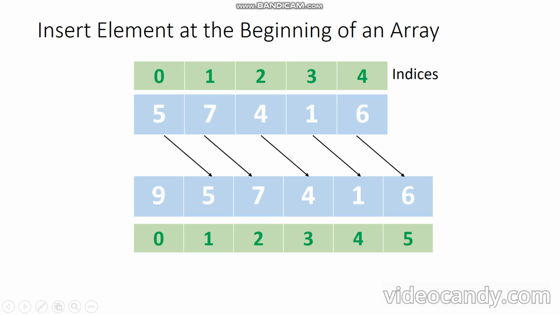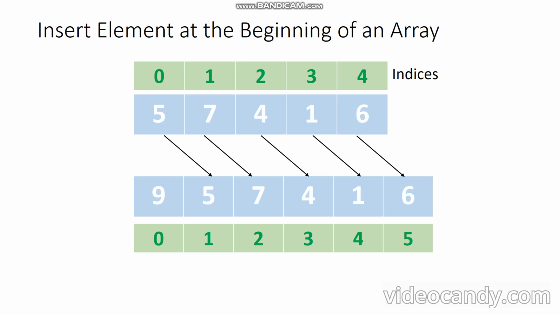As you can see here, I have shifted the 4th index value to the 5th index, the third index value to the fourth index, the second index value to the third, 1 to 2 and 0 to 1. Likewise, the zeroth position will become empty and you can insert this 9 at the zeroth position.